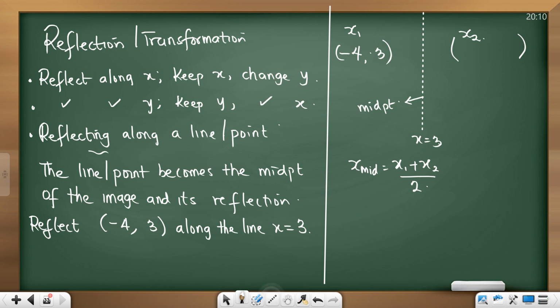The same. Now, y is going to be the same value, because I only have x, do you see I don't have y. X midpoint, 3. What is x1? -4. -4 plus x.